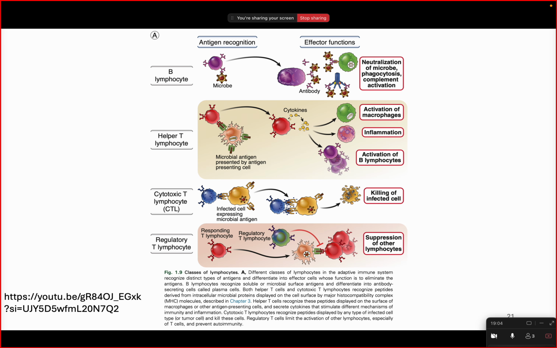When we talk about B lymphocytes and T lymphocytes, what exactly are they? These are the common cells which are there throughout immunology, right? So B lymphocytes, helper T cells, cytotoxic T cells, T regulatory cells, and keep in mind that these are not the only cells.